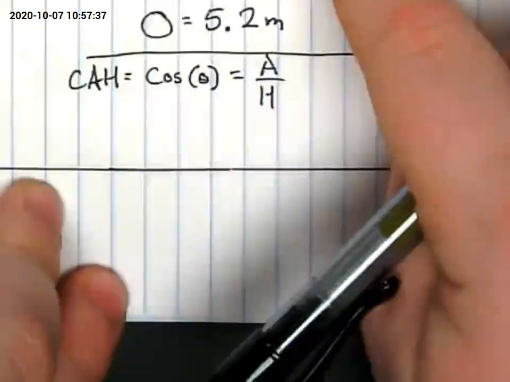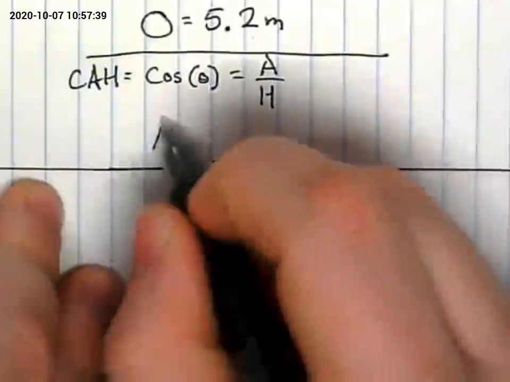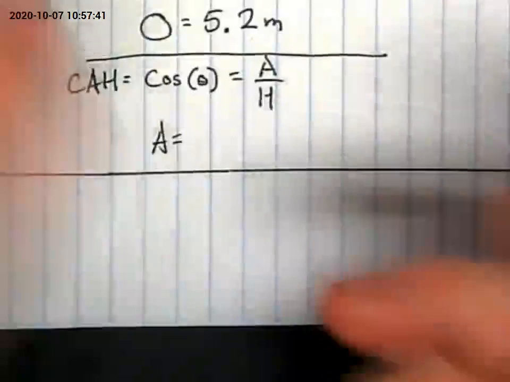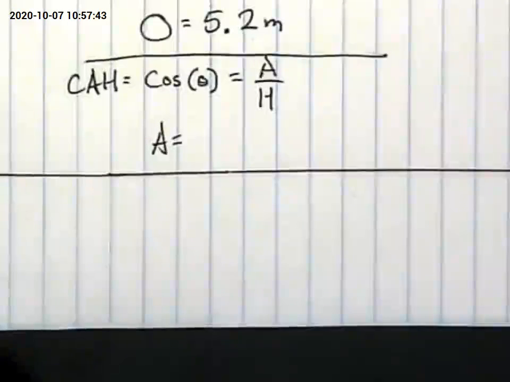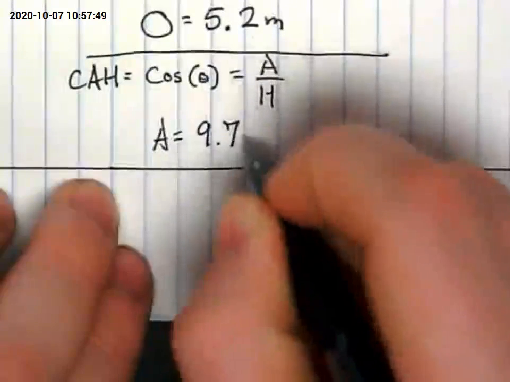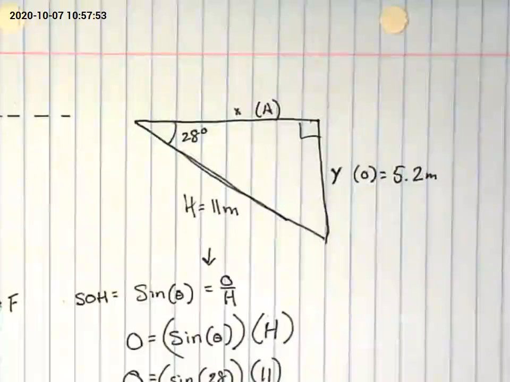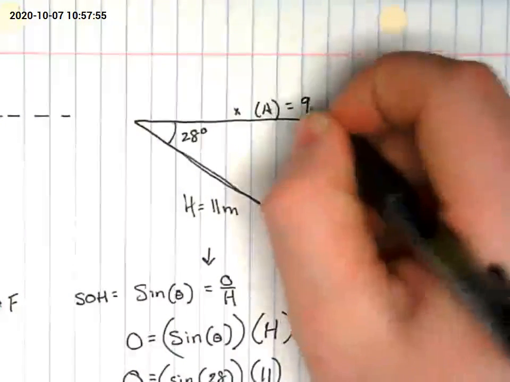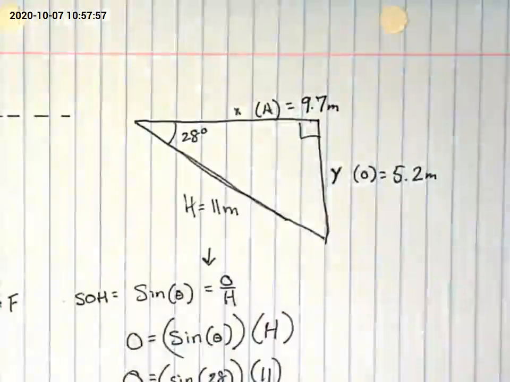Going to do the same thing we did up here. So then adjacent is equal to, and I'm just going to solve for it, okay? This time it's cosine, so then the adjacent is going to be 9.7 meters, okay? So that means our x up here is 9.7 meters, okay?